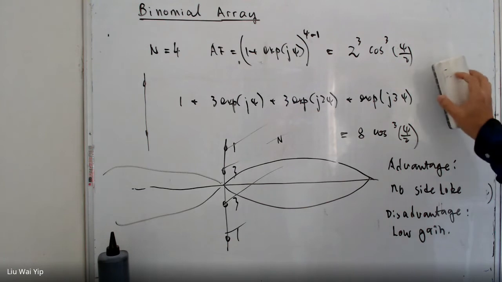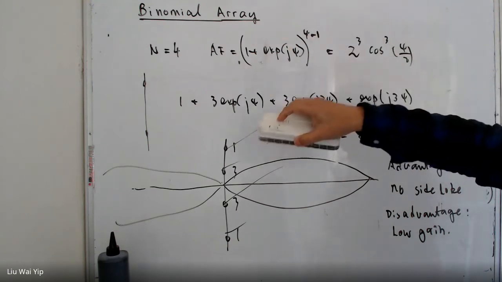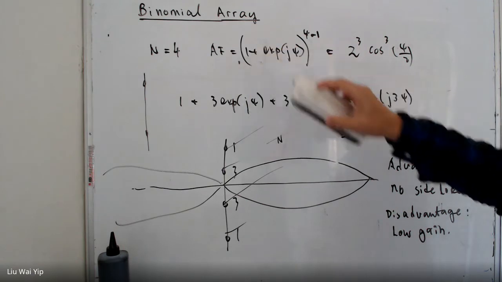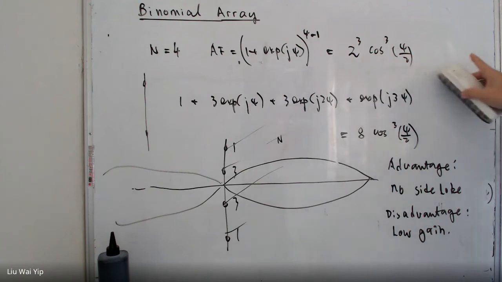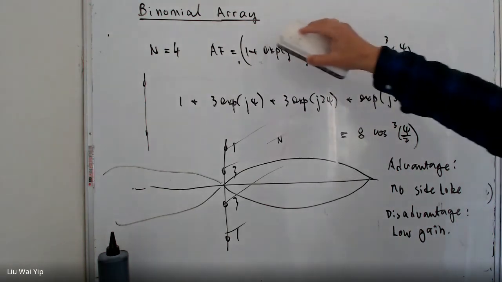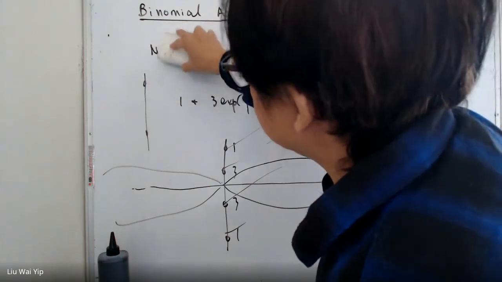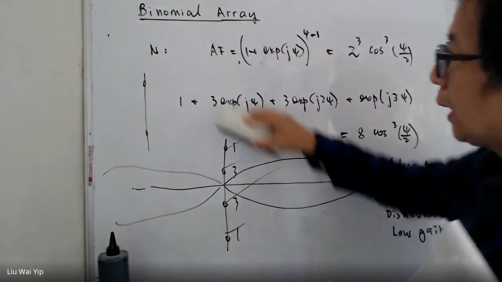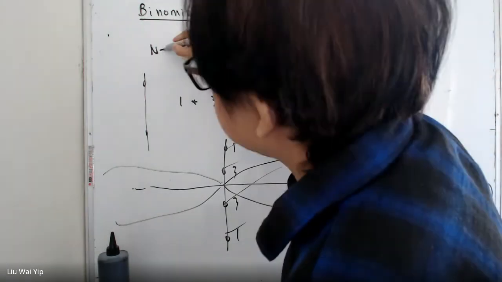So now, what we are going to do is to explore the directivity and the intensity of this binomial array. Now we have the array here, right? Suppose we are going to have n elements. We don't know what n is.